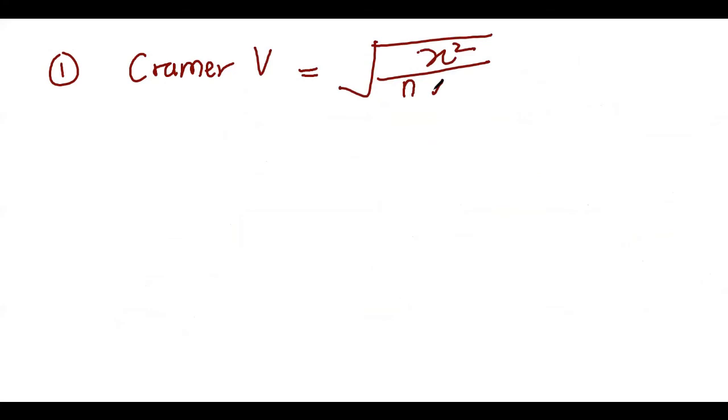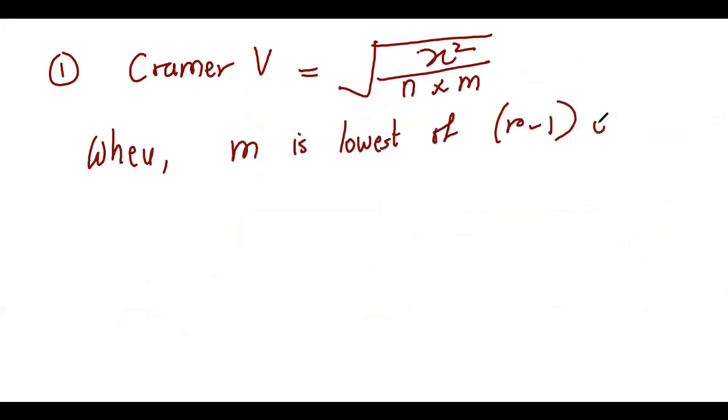So what is m here? In some books the formula is written like this: m is the lowest of row minus 1 or column minus 1. If Kramer V is more than 0.5, we can say a strong association.